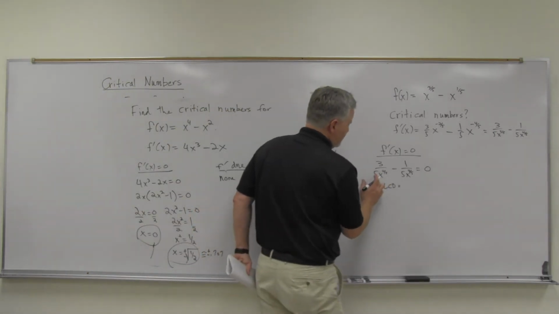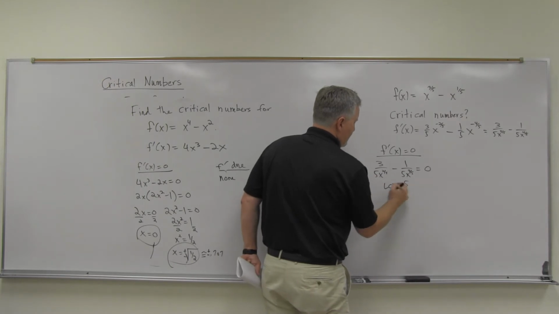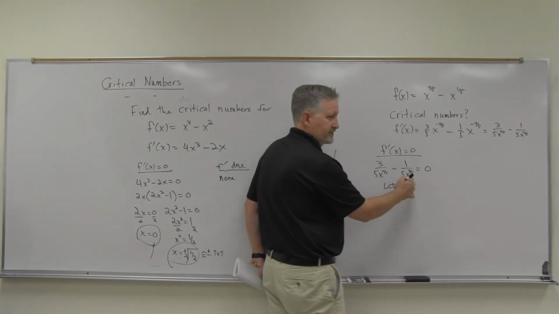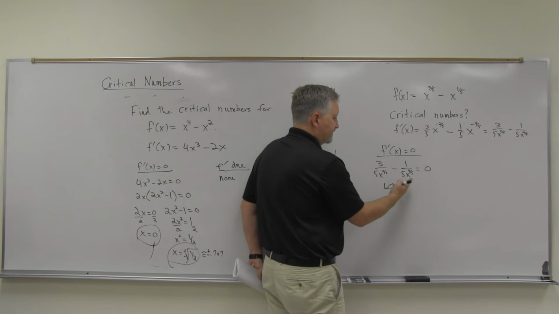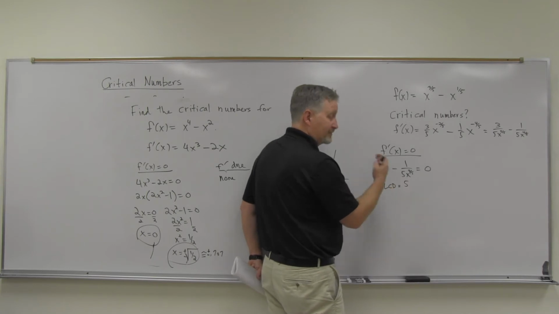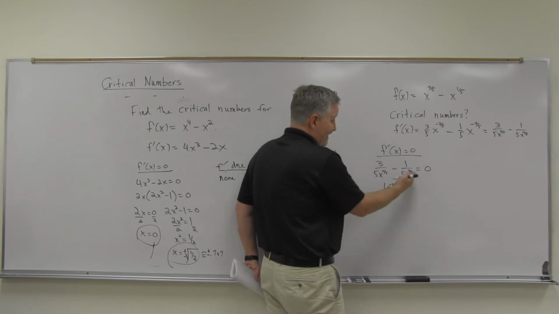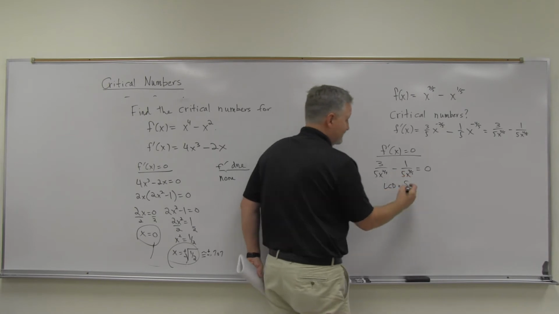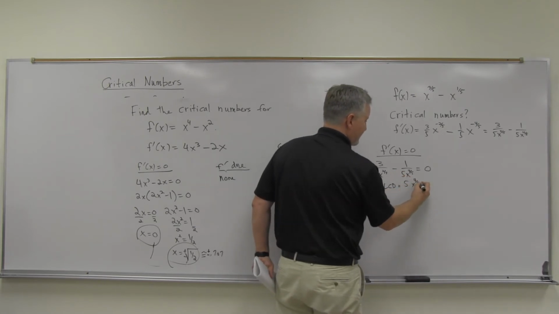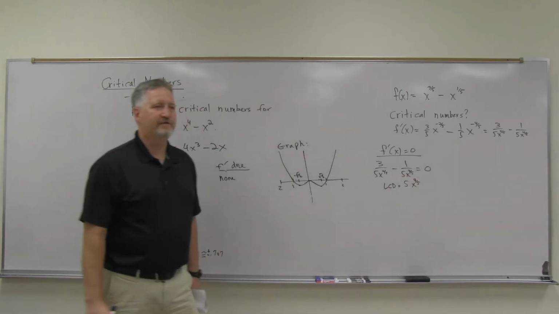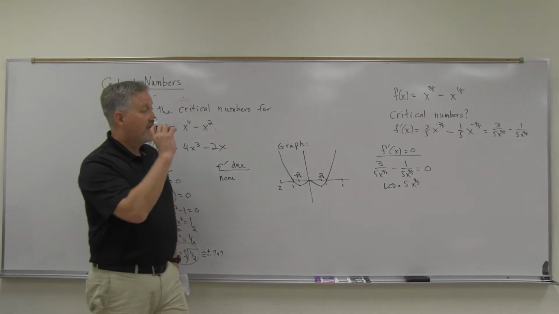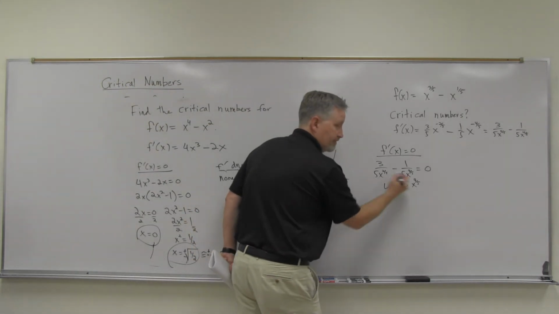But the least common denominator would be 5, and then I've got x to the 2/5 and x to the 4/5. The least common multiple of those, well, x to the 4/5 is larger, so that's the one we're going to go with. So 5x to the 4/5 is my least common denominator there, and what I'm going to do is multiply that on both sides.